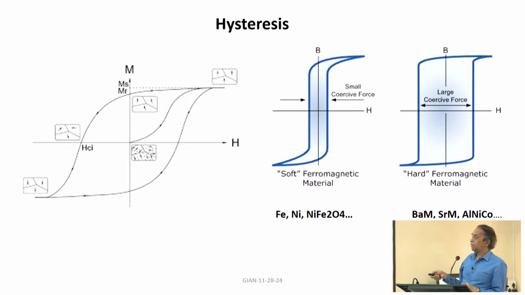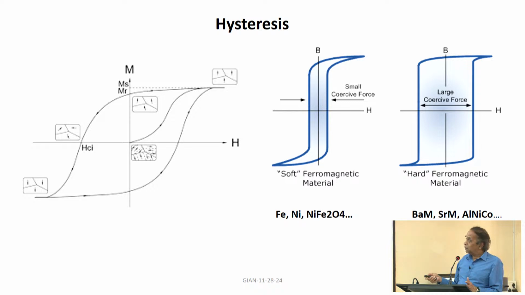Then you reverse the field until you hit the coercive field, when the domains are reoriented in such a way that the net magnetization is 0. Then you keep going in the other direction, then it saturates, then you come back up. This process repeats.